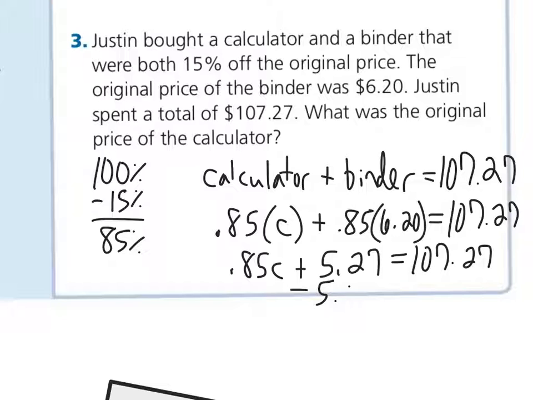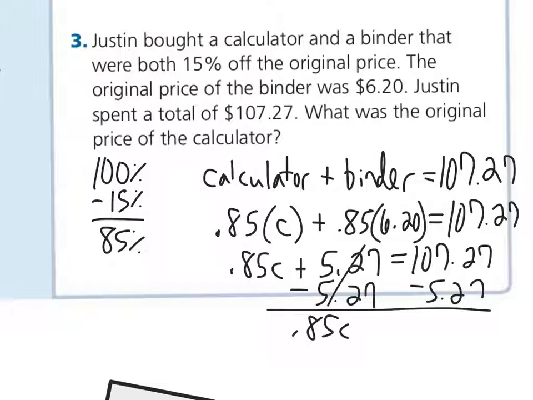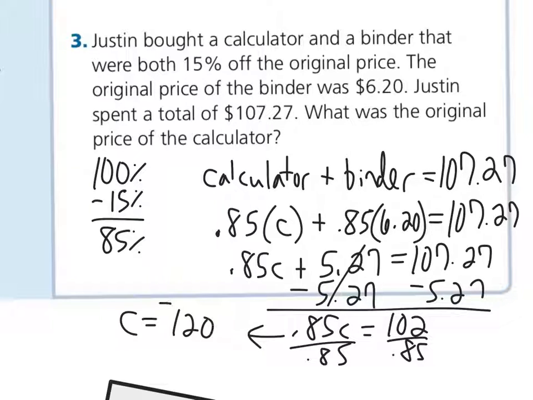And then we can subtract to get that variable by itself. And then they're multiplying, so we can divide. And that would be $120.